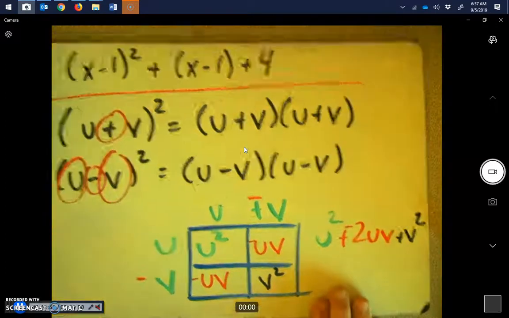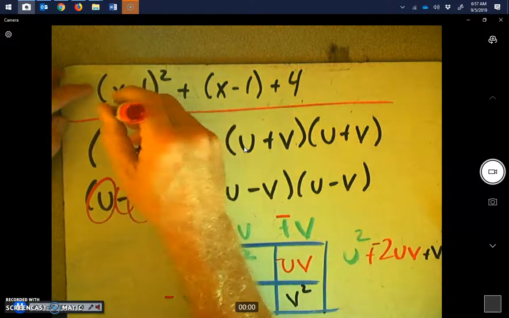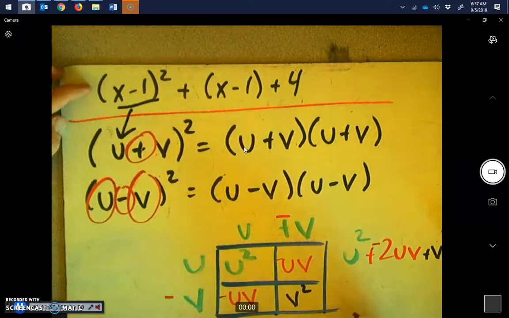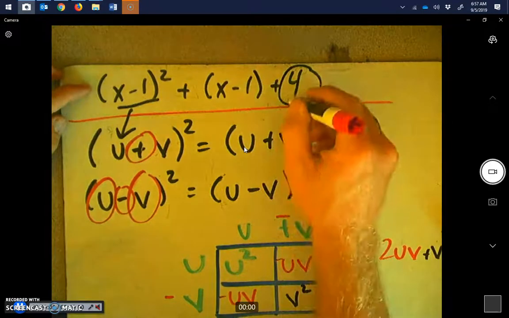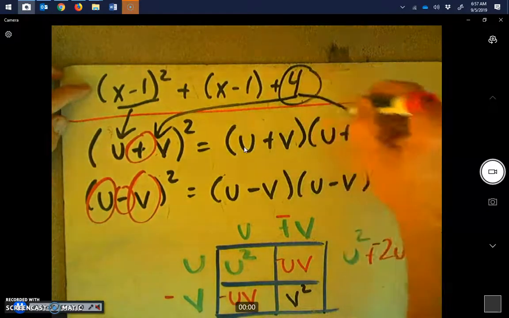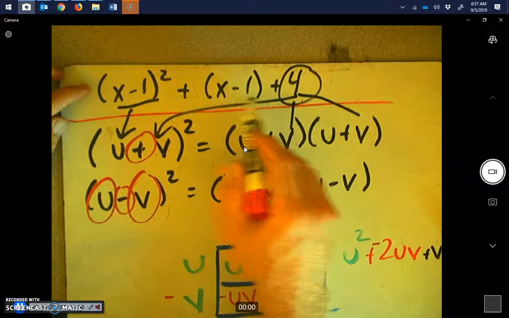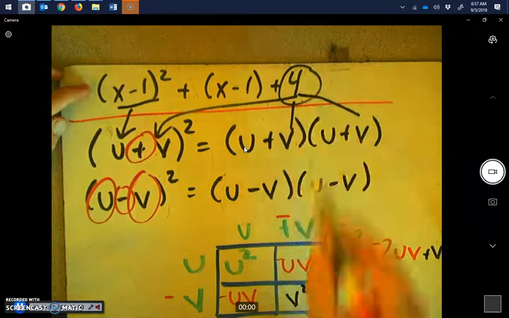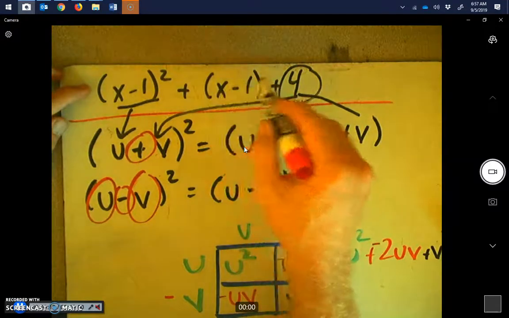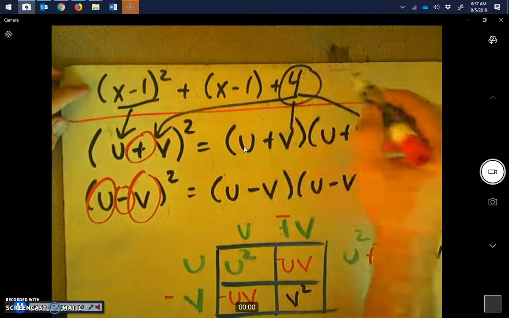And we can go look at the question that we have for this problem. Let's say this is our U: x minus 1 would be our U, and then the square root of 4 is 2, right? So that would be our V. So we have our x minus 1, but what we don't have is a V out in front of it, right?